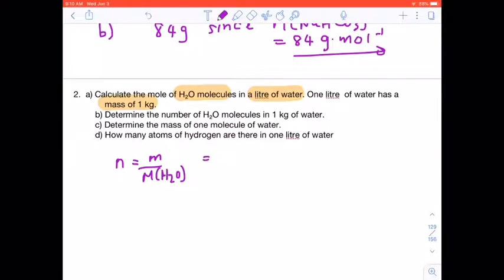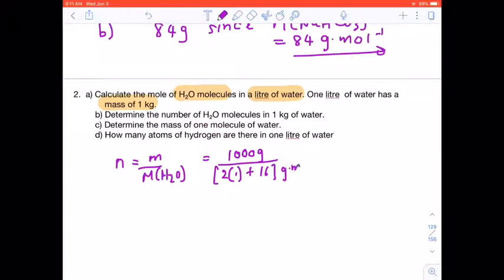But that is a kilogram, so it's about 1,000 grams. And the mass of H2O, which we worked out earlier, is equal to 2 times 1 plus 16, isn't it so?